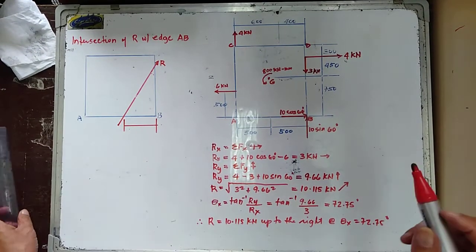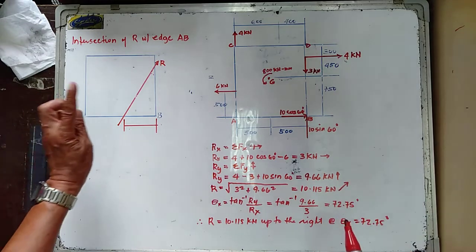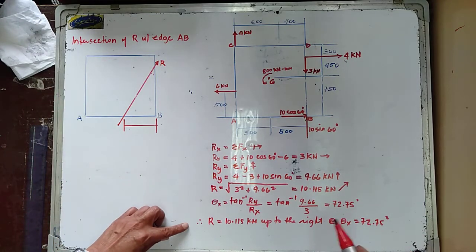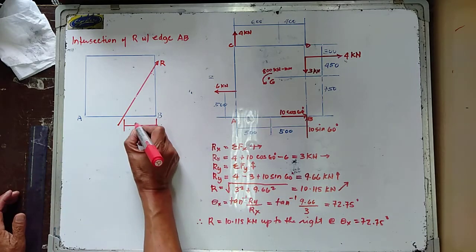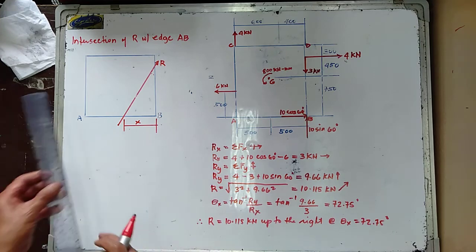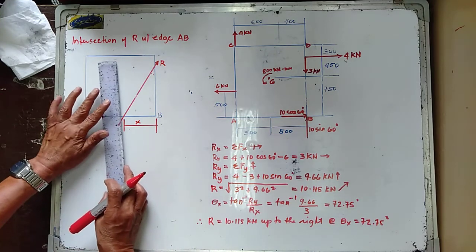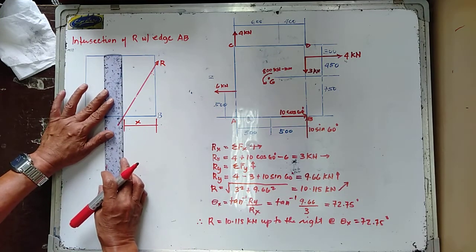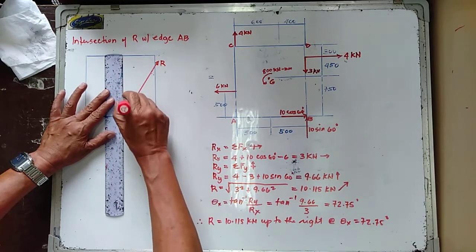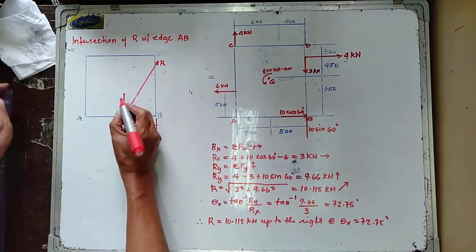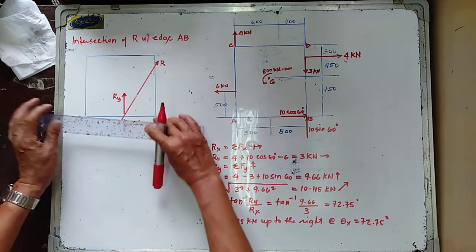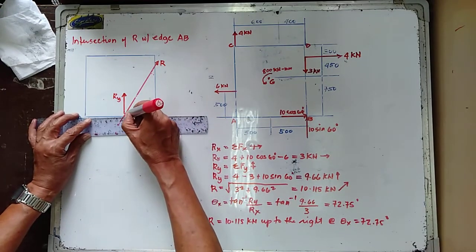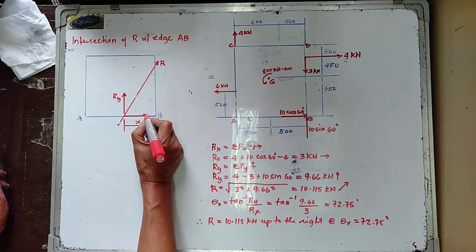So let us try to determine now the intersection of the resultant force with edge AB. I'm going to consider this distance in here equal to x. I'm going to resolve the resultant force at this point, so this is now your Ry and this one in here is your Rx.